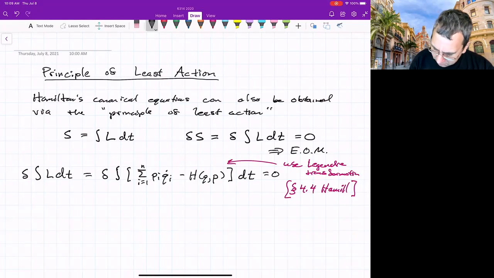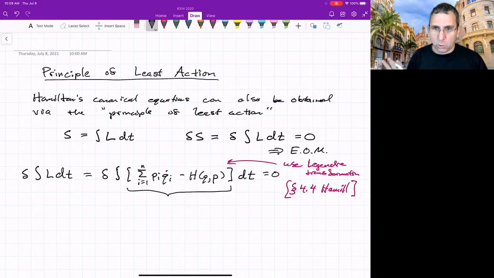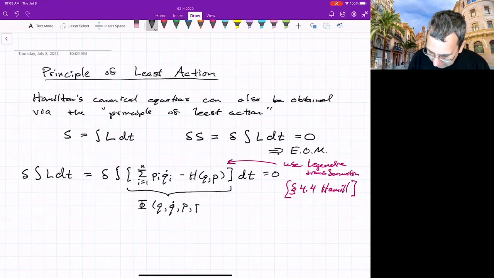In general, if we're thinking of the usual Euler-Lagrange equations, this sort of general thing that didn't necessarily have anything to do with mechanics, this is now an integrand. So we'll write it as a function phi. What does it depend on? It depends on q, q dot, p, and p dot.